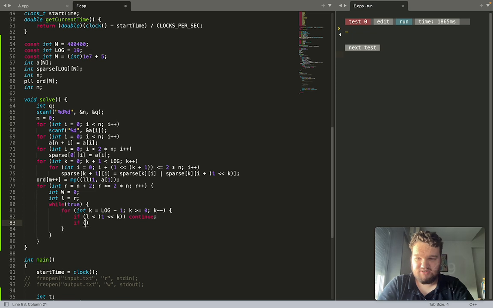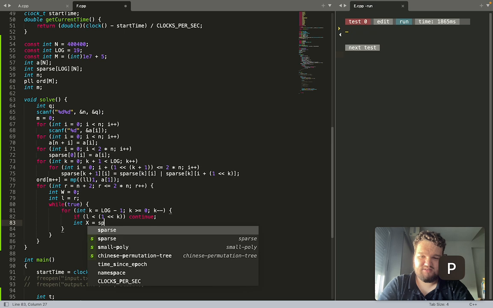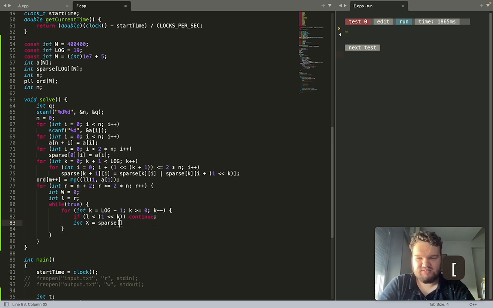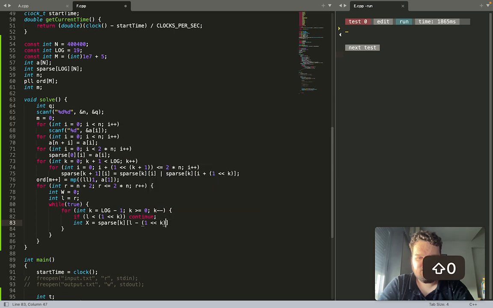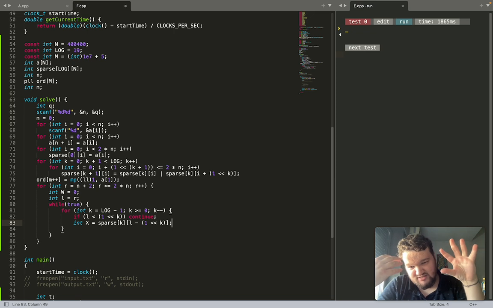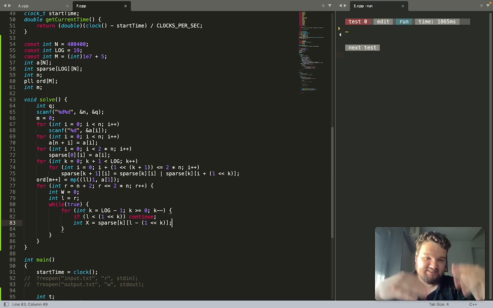If the value on the segment is like this, and I OR it with W, and it is not the same, then this jump is too big.